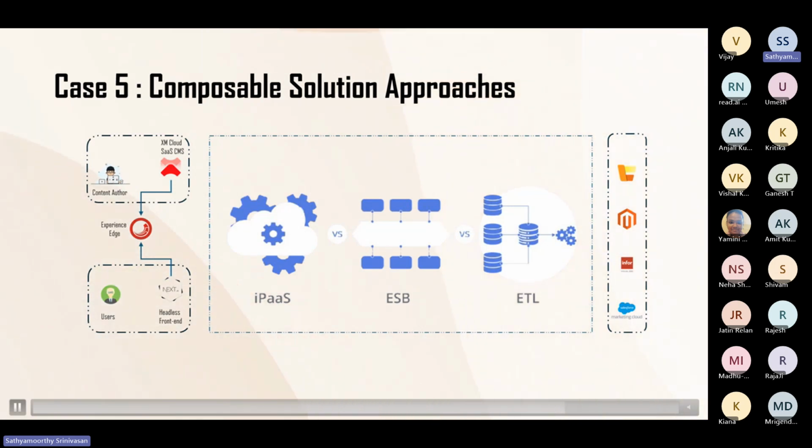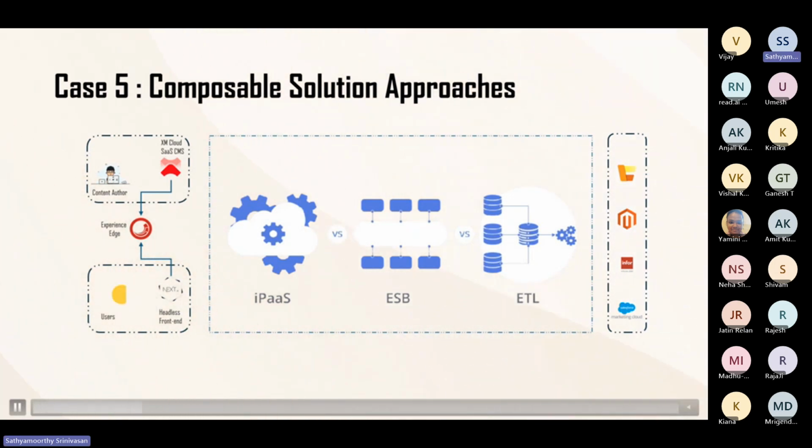When someone is not ready to go with SaaS and wants interconnected systems within the premises, I've seen quite a large number of use cases on this enterprise service bus. ETL, if it is records processing and offline, and they want to process the data, you can go with ETL.